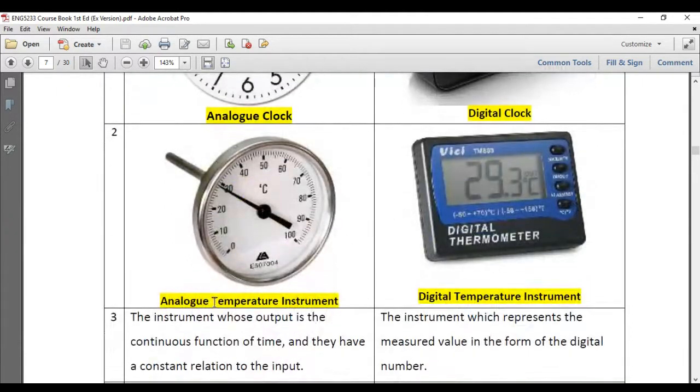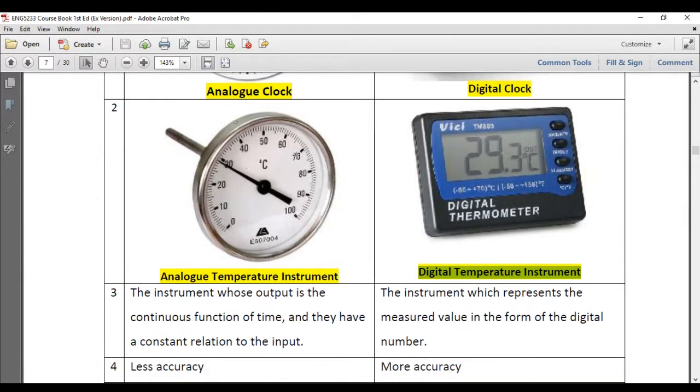Another example is analog temperature instrument and digital temperature instrument. So you will come across a similar situation that on the analog instrument, you see a scale is marked on its display.